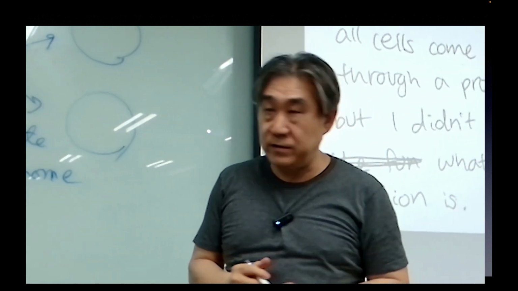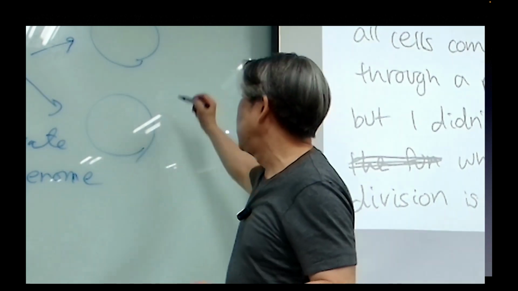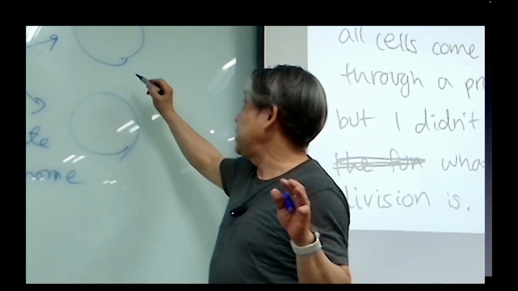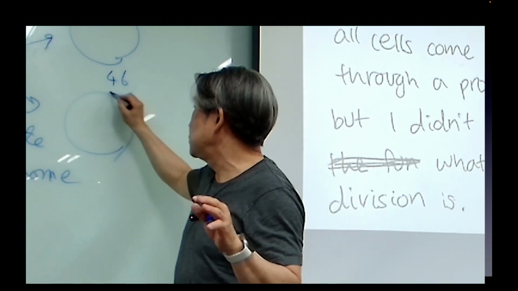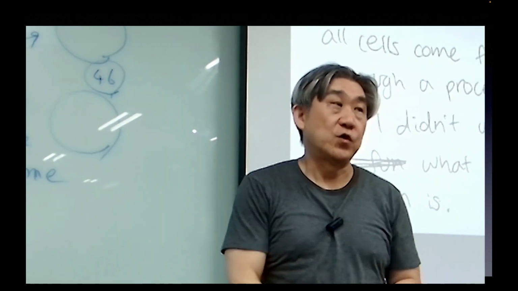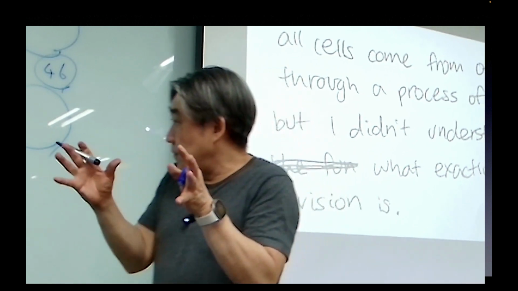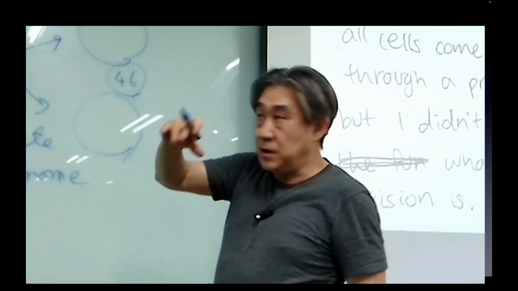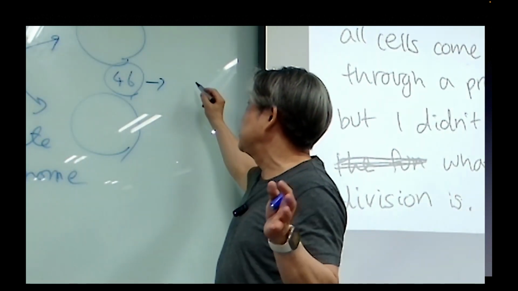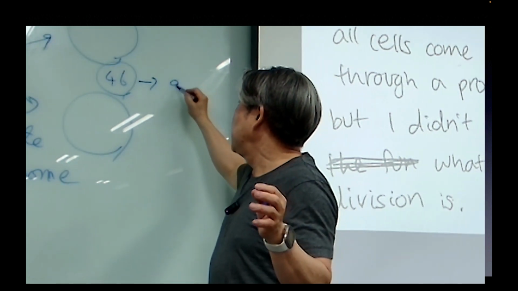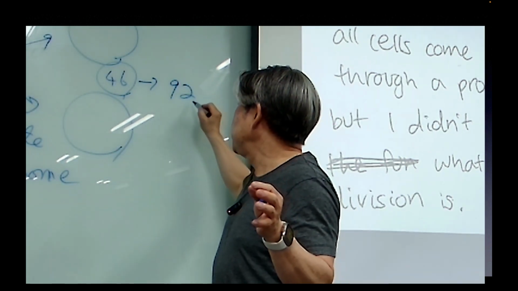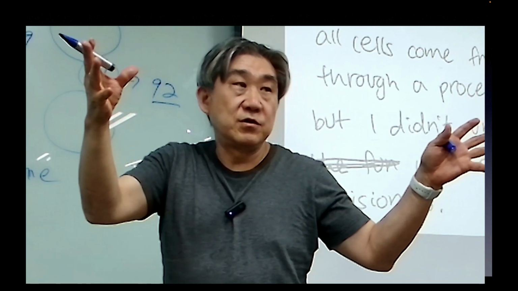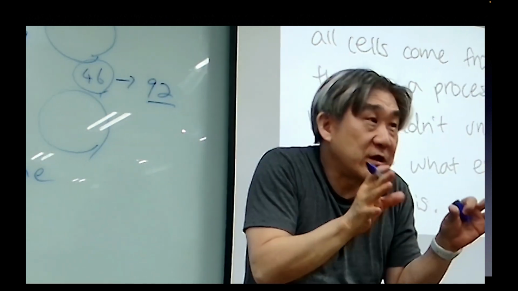So if you had, let's say, 46 chromosomes originally, then temporarily you have to double up these chromosomes into 92, double the amount of chromosomes, very temporarily.